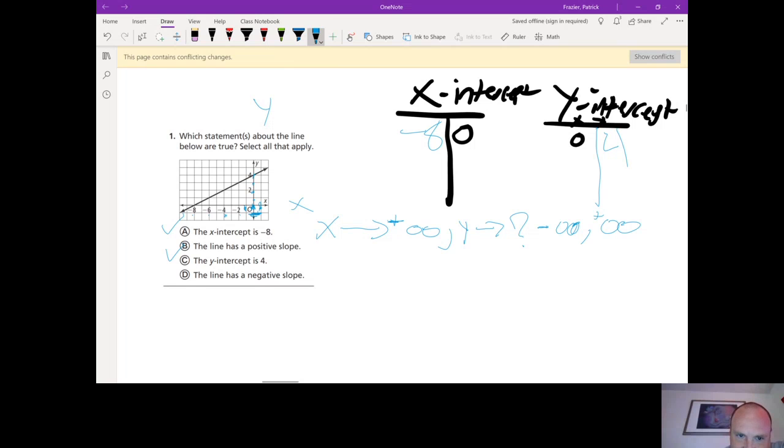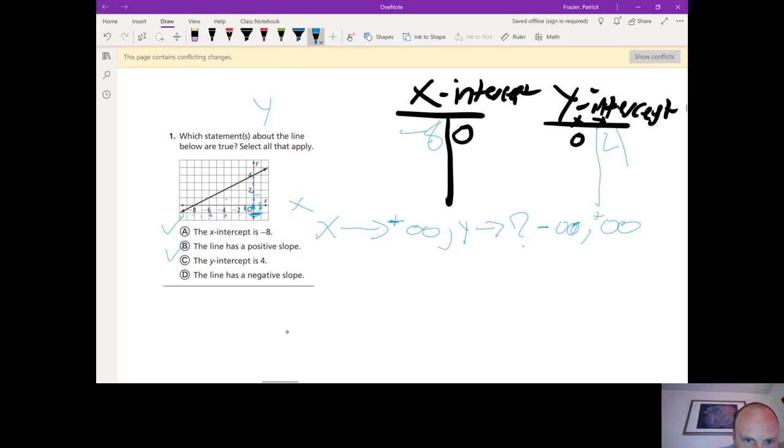The end behavior will tell you if it's a positive or negative slope. As x goes from -8 to -6, y goes from 0 to somewhere between 0 and 1. At -6, it's right at 1. So we went from 0 to 1, with each number getting successively bigger.